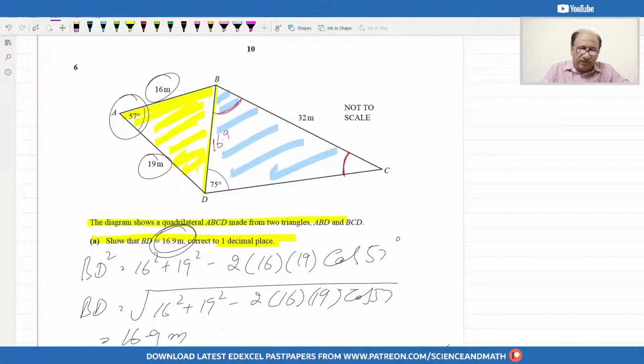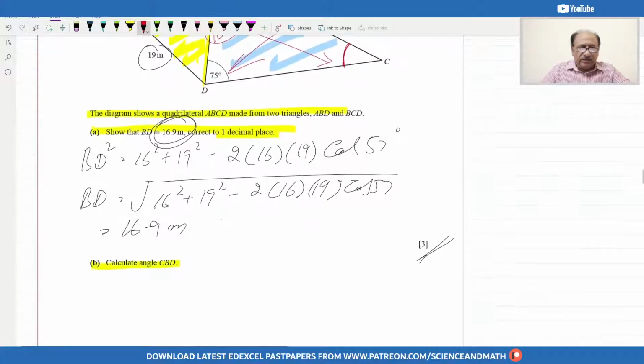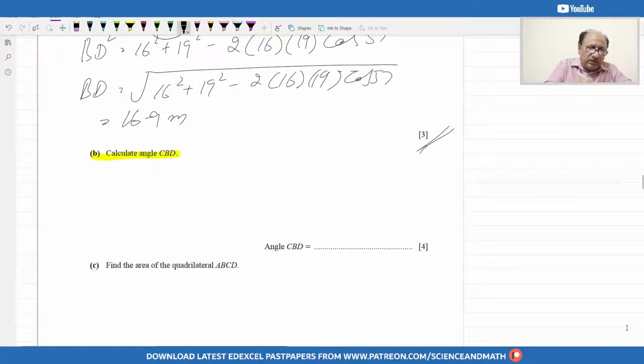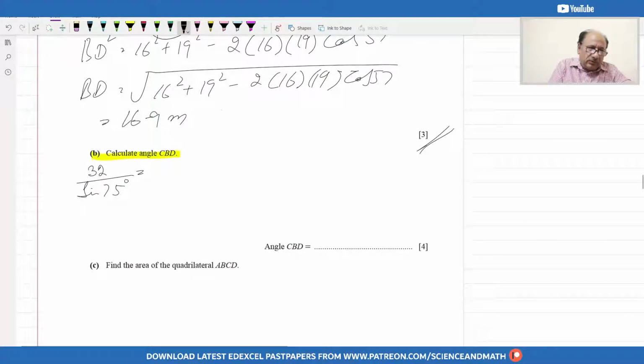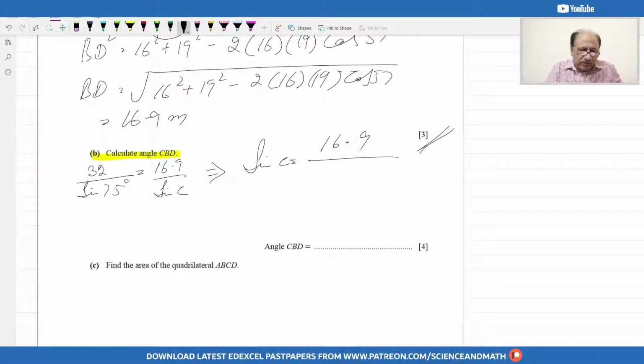By sine rule we can find, so 32 divided by sine of the opposite angle and 16.9 divided by sine of the opposite angle. This will give us angle C. So we can write 32 over sine of 75 degrees is equal to 16.9 over sine of C. Algebraic simplification you should also know, so that you can simplify these types of questions easily and not face any problem.